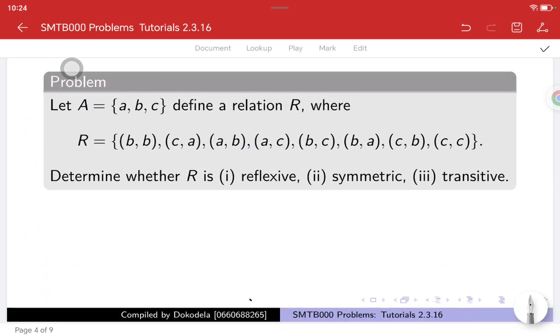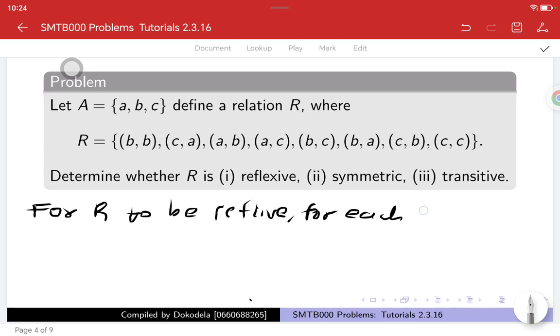For the relation R to be reflexive, for all X element of the set A, it should occur that X is related to itself, and that pair should be an element of R. In other words, this simply means that X is related to X.